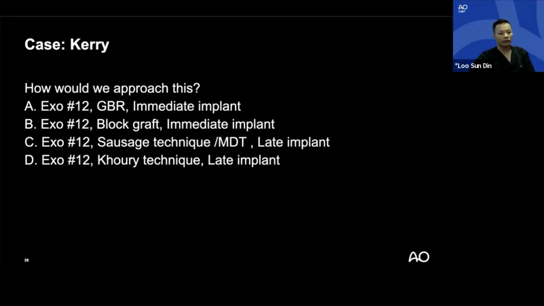Do we take out the 1-2, GBR and immediate implant? Block graft and immediate implant? Or we go through the same thing, sausage technique, mucosal detachment, and late implant, or quarry technique and late implant? Once again, there's no right or wrong answer. It's just personal preference and what we're comfortable with.